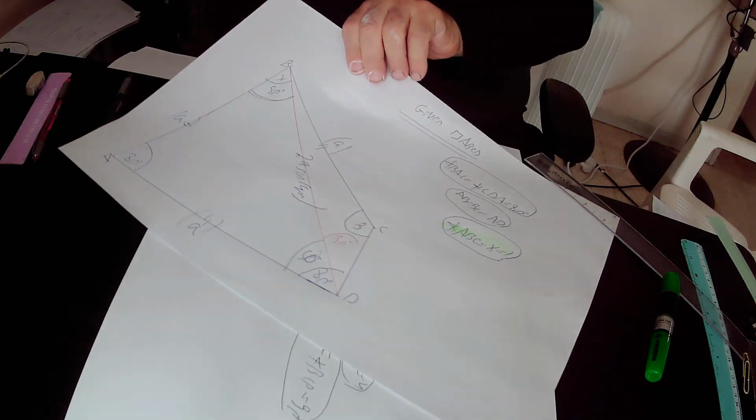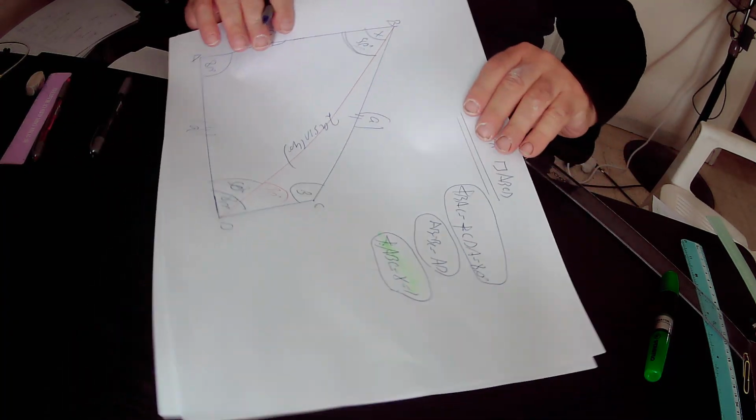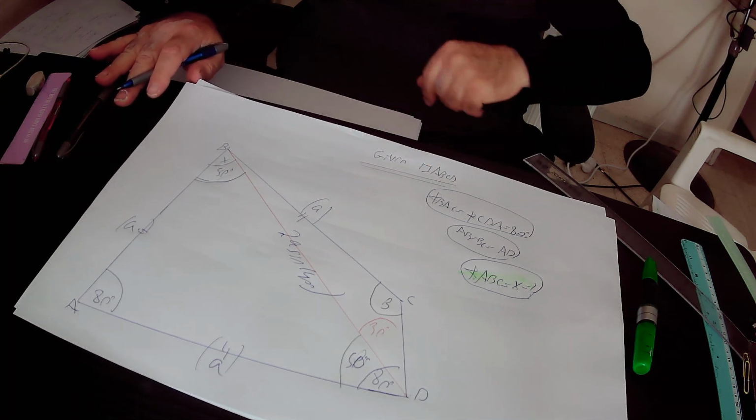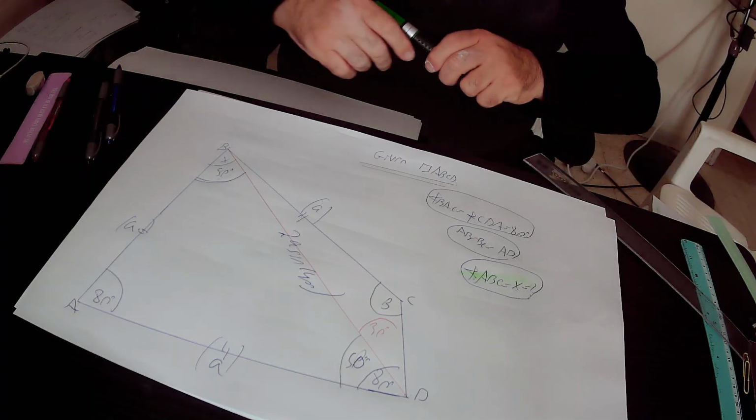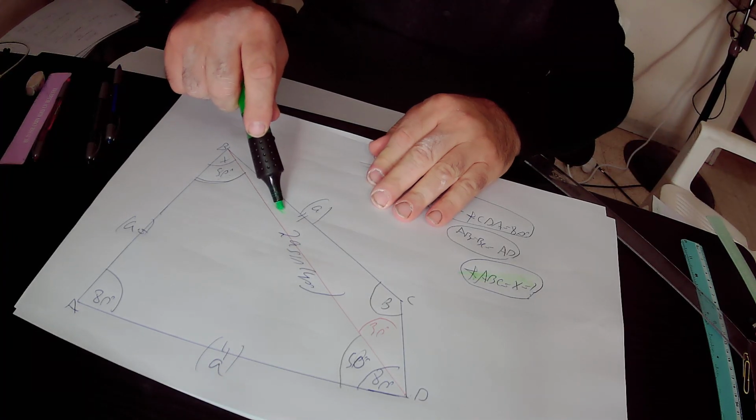In the next step, we implement the law of sines in this triangle BCD. We will implement the law of sines in this green triangle BCD.